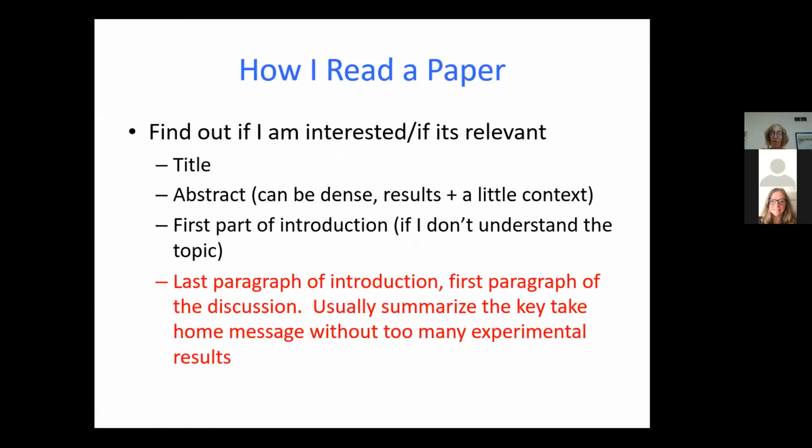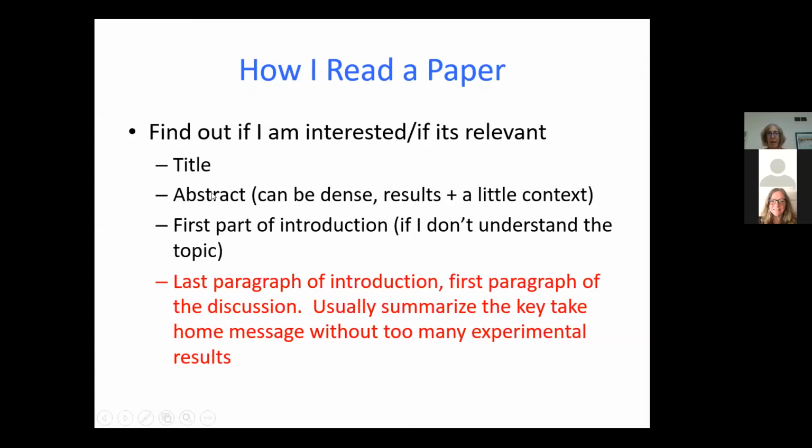So the way I go about reading a paper is, first I have to find out if I'm interested in it and if it's relevant to me. As I'm going to talk about, it takes quite a long time to actually read a scientific paper properly, to digest all of the material and think about it. So first of all, I take a look at the title. That's the first guideline to what it's about.